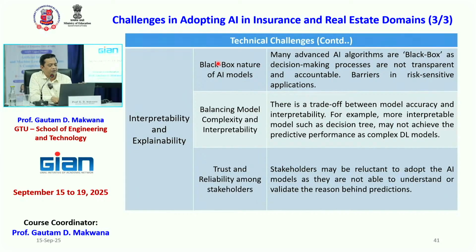Then interpretability and explainability, the black box nature of AI models, balancing model complexity and interpretability, and trust and reliability among stakeholders.